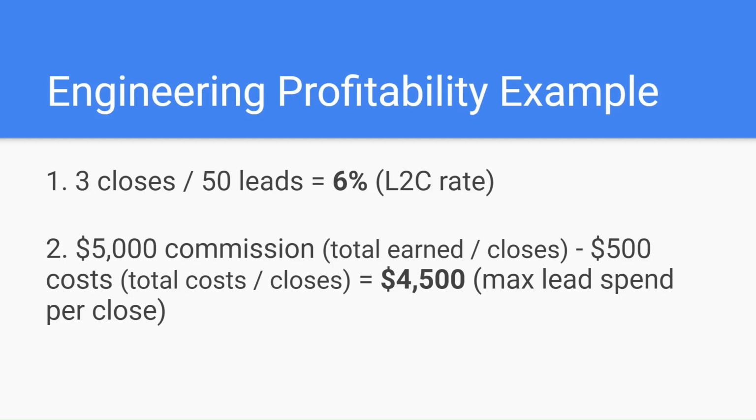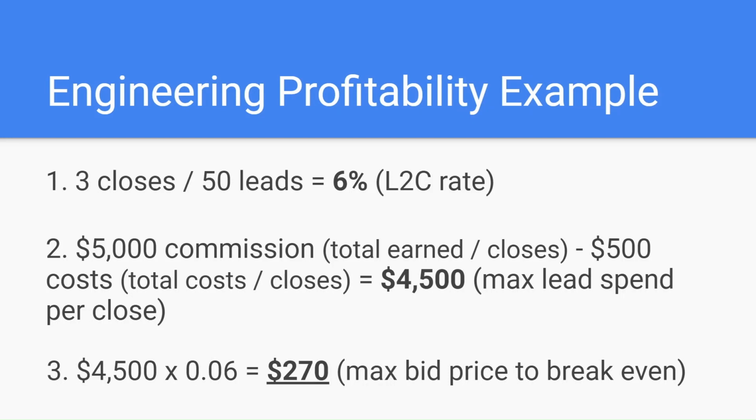In the same vein, if we took a look at our total costs and divided it by our total amount of closes, for this example, to keep things easy, let's say that we had a $500 cost per close. Now when we subtract our costs from our revenue, that gives us $4,500. That would be our max lead spend per close.